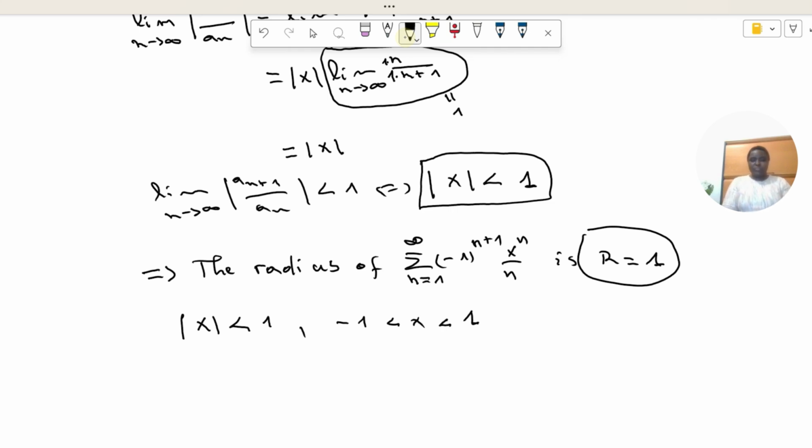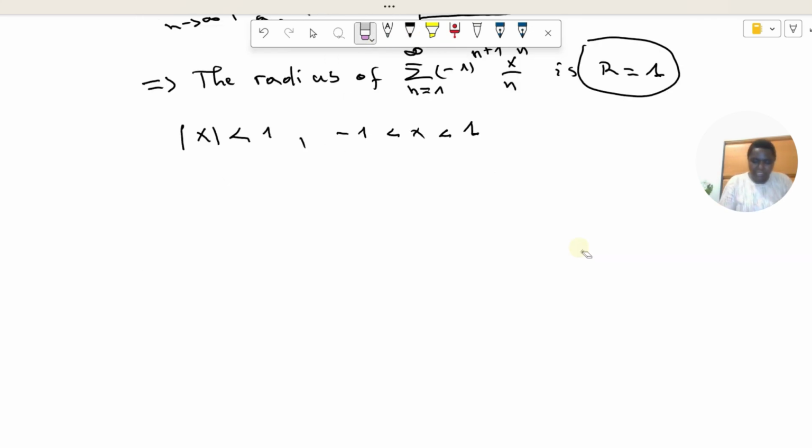So what do we have to do? We have to study what our series becomes when x tends to minus 1, and what our series becomes when x tends to 1.